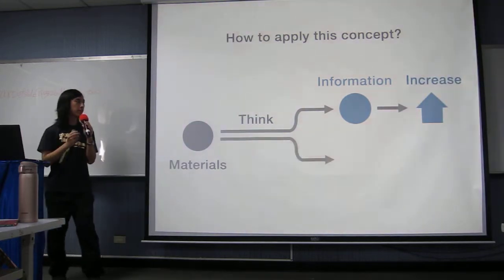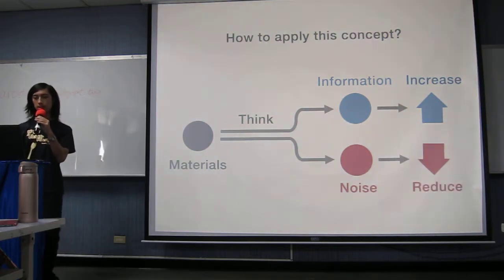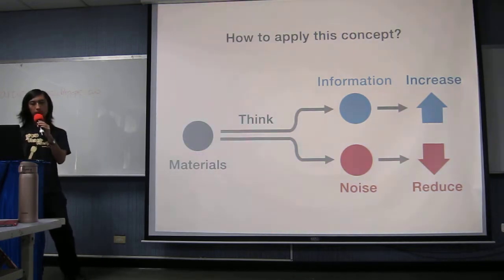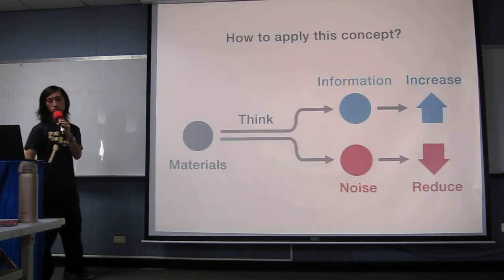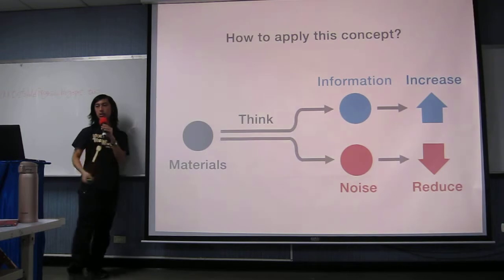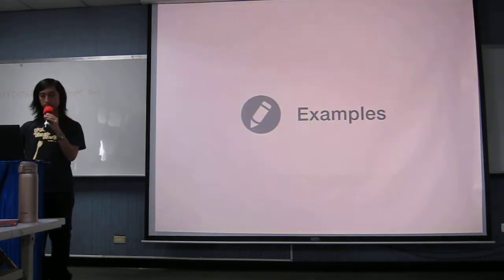But on the other hand, if that is a kind of noise, we should reduce that. And after this process, your slide will definitely be better. But now, I'm going to use an example to demonstrate how I use this process to make slides better. Now here comes the example.